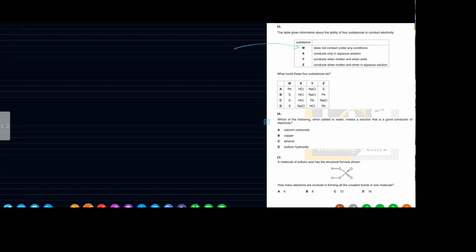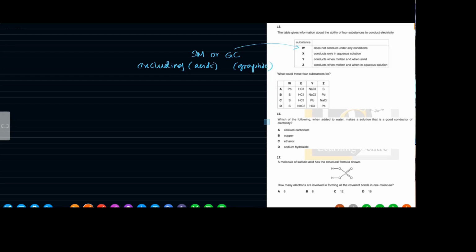What are they? Simple molecular or giant covalent, excluding graphite, right? If it doesn't conduct electricity, it must be either simple molecular or giant covalent, excluding graphite and excluding acids.